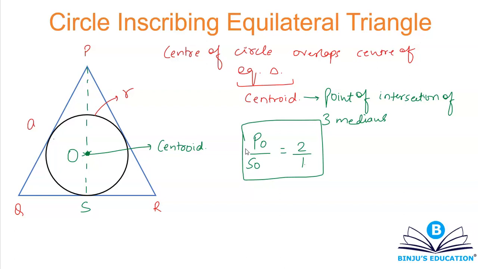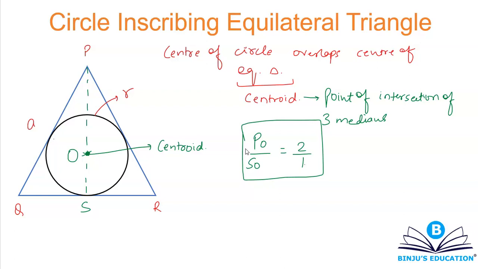Alright. Now, when we were doing basics on the types of triangles, I told you that if you drop a median in an equilateral triangle, it also behaves as the height of the equilateral triangle, or as a perpendicular.